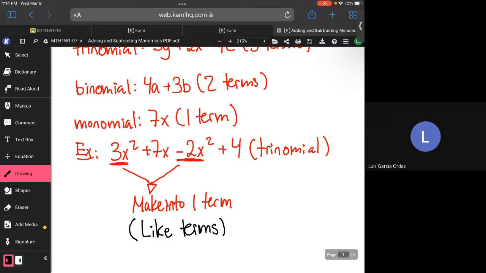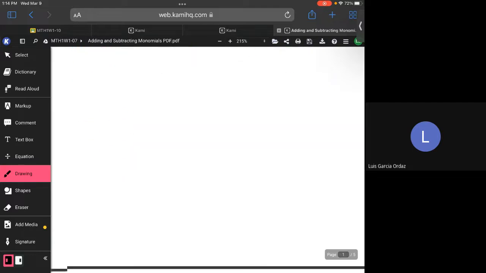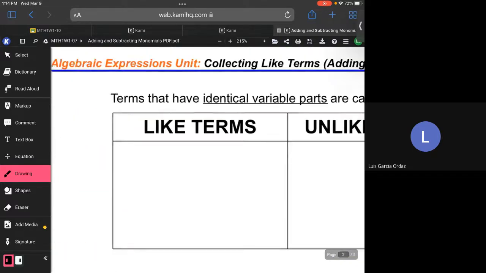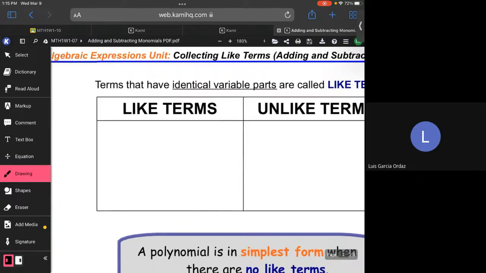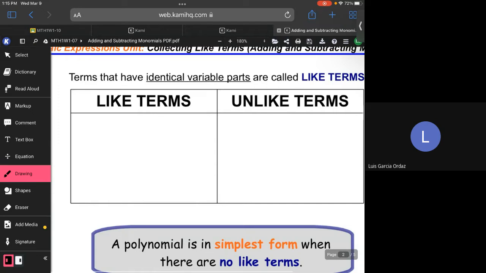Now let's go on to what a like term is. Like terms are terms that have identical variable parts. Like what we saw with 3x squared and minus 2x squared, the x squared was the same. So these are called like terms.